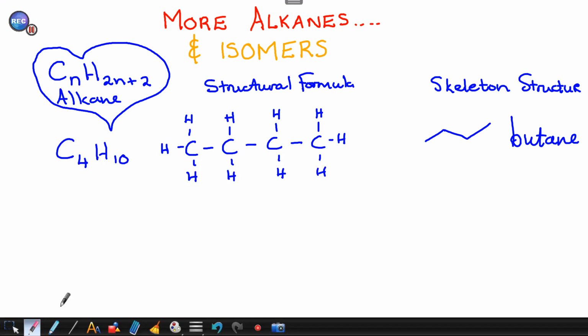So the properties of this molecule will be different. Its boiling point will be different, because the moment the molecule has a smaller surface or a shorter chain, the van der Waals forces between molecules change. So the intermolecular forces change, and the boiling points will be different.